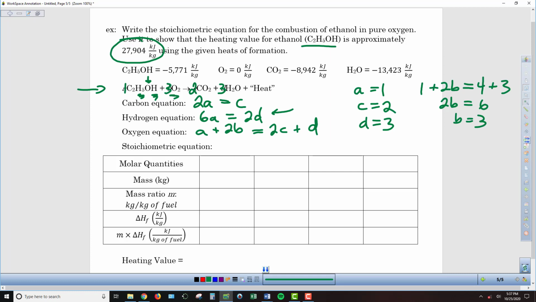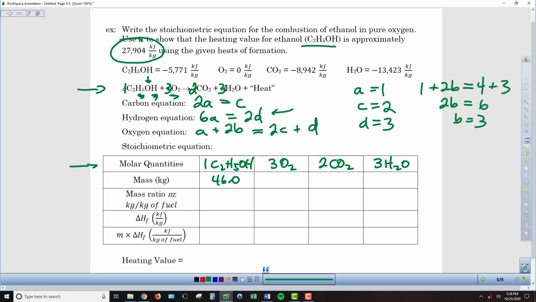So I'm going to take those molar quantities and I'm going to include them in this top row of our table. So I've got the 1 of the ethanol, I've got 3 of the oxygen, I've got 2 of the carbon dioxide, and then I've got 3 of the water. So we now need to convert those to masses. So for the ethanol, we can calculate out that the molar mass is 46 kilograms.